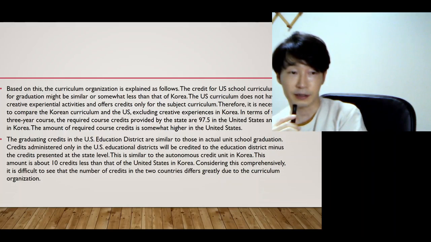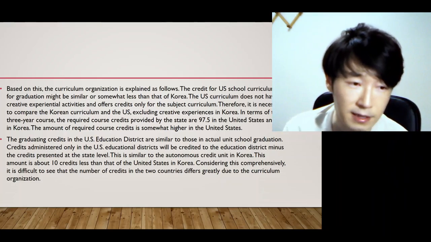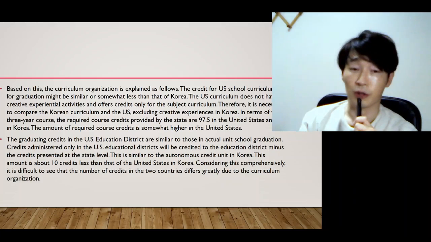And second thing, the graduating credit in US district are almost similar with unit school level curriculum. So credits administered only in the US educational district will be credits to the educational district minus the credit present at state level.